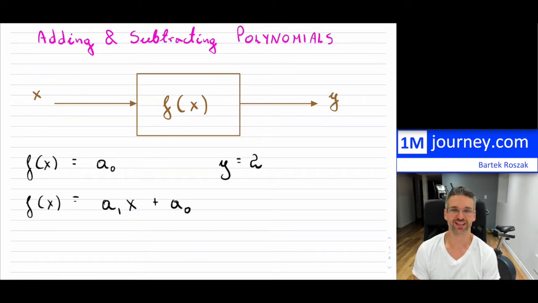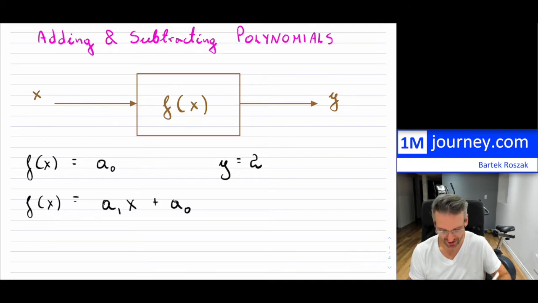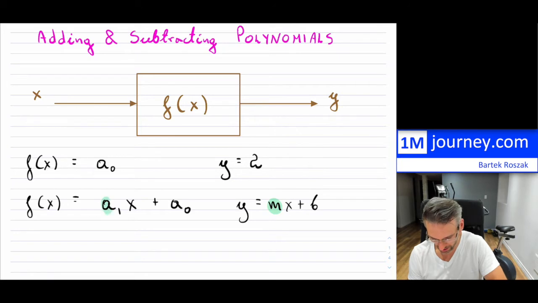But you have studied this to quite an exhaustion. These are basically just lines. And don't forget, our lines are y is equal to mx plus b. So your m is your a1 right here, and then your b is your y-intercept.